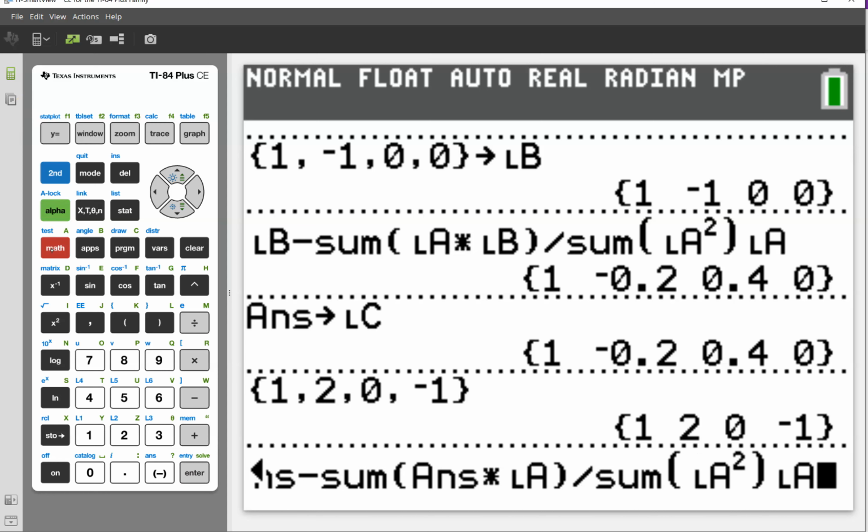All right, so just to take a break, because I just typed a lot of stuff in, this part is the dot product, the inner product of this vector that we're trying to project onto the first vector that we have. And now we need the exact same statement, except that I need list C everywhere where I see list A, because I need to project this new list onto the previous one that we just found.